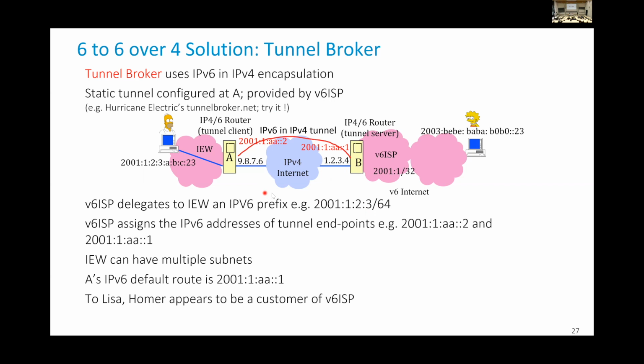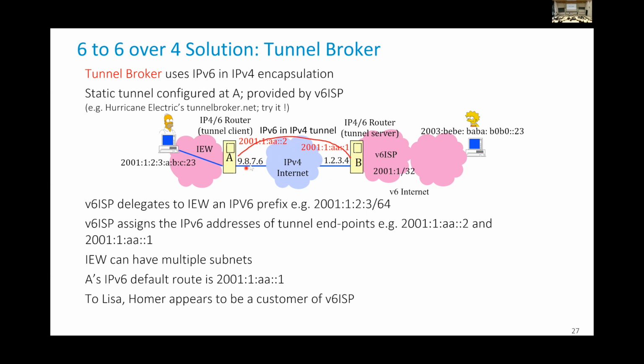I also need to know other things. I need to know the IPv6 address of the final destination here. And I need also to know the IPv4 address of the final destination. I need to know this because I will need to configure my router here with a tunnel, but I need to know the final address here.